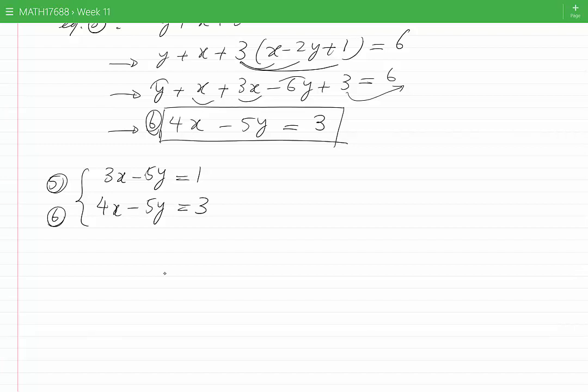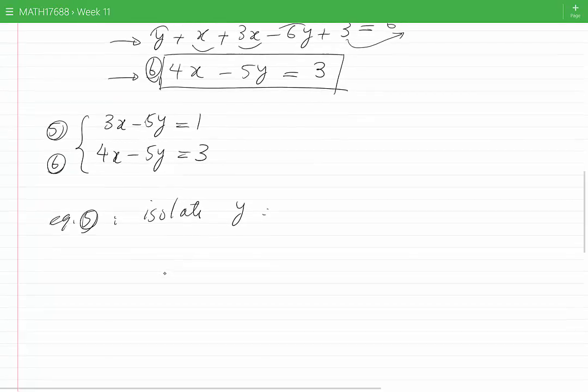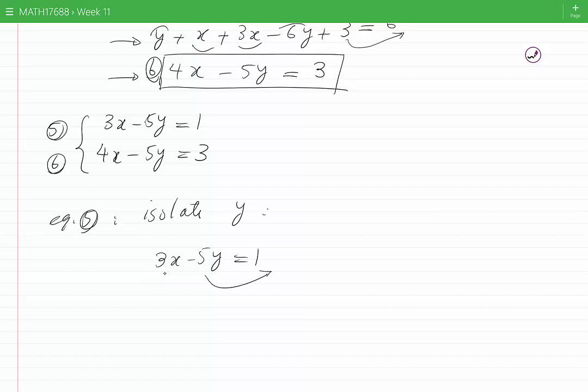In this example, I'm going to choose equation 5, and I'm going to isolate y. Equation 5 says 3x minus 5y is equal to 1. I can take minus 5y to the right hand side and bring 1 to the left hand side.